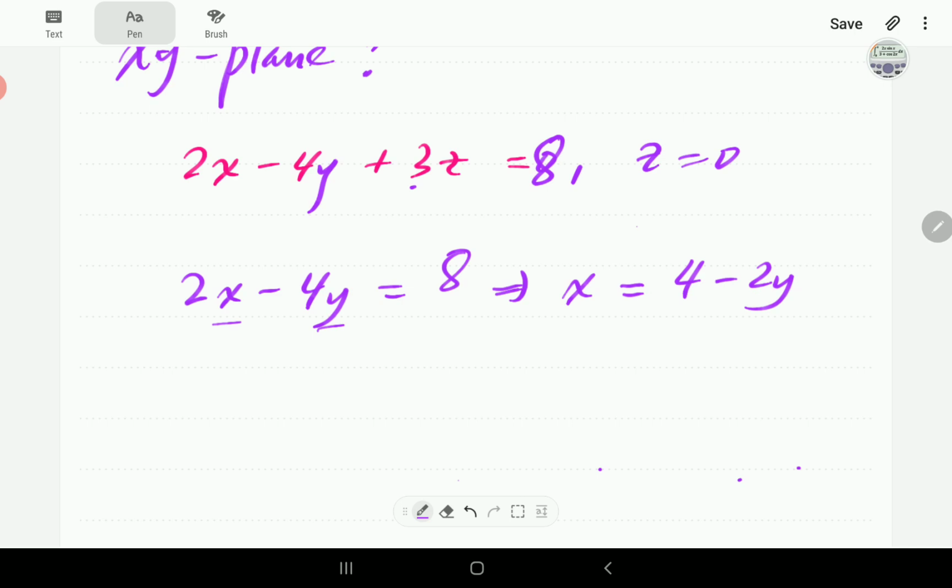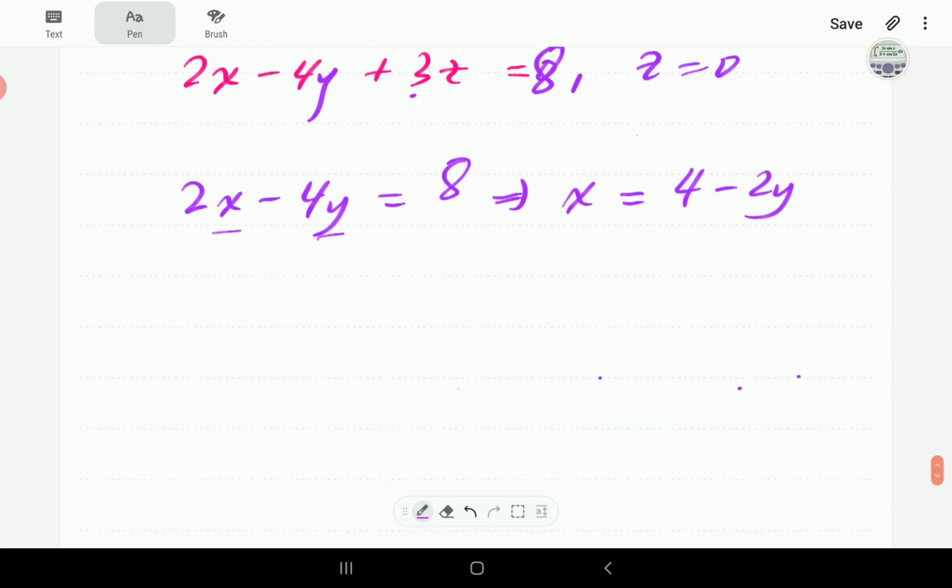If you make y the subject of the formula, it's going to be equally correct. So this line, let's call it L, is defined by z equals 0, x equals 4 minus 2y.